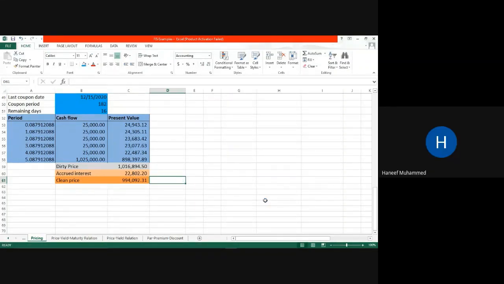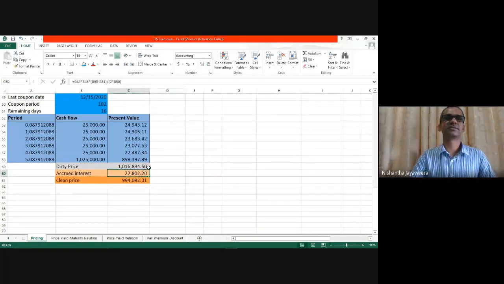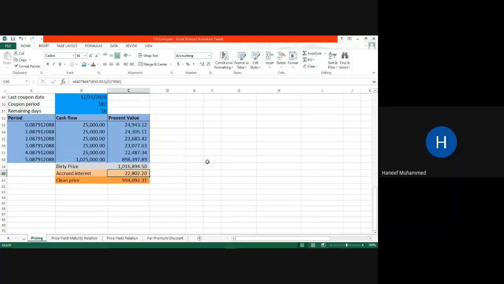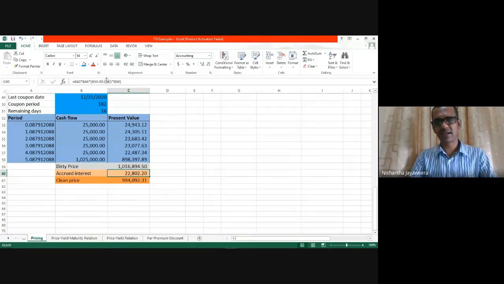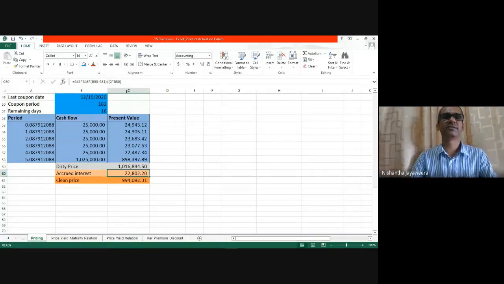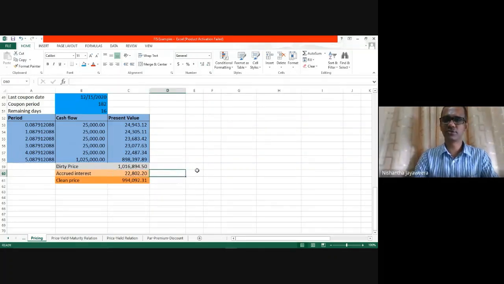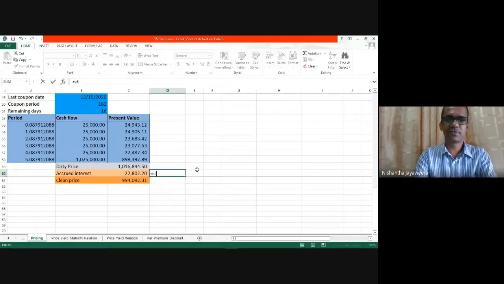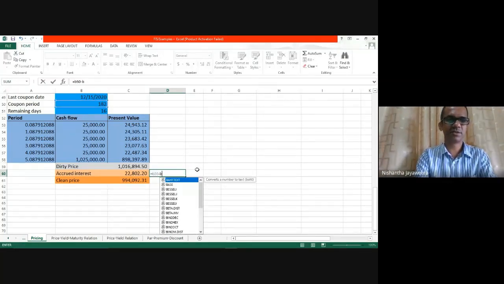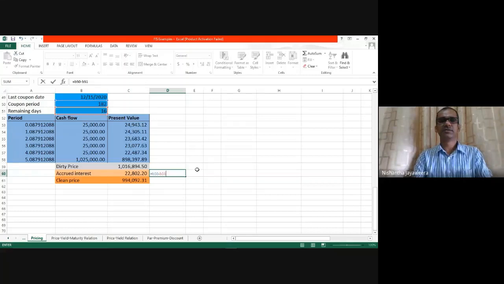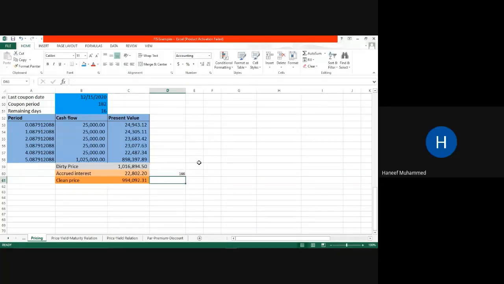For once, can you just click the accrued interest formula? Accrued interest formula, yes. Can just move it upwards. This is slightly different, or not exactly, but what is this calculation B50 minus B51? Let me show you here. B50 minus B51. That is 160 days.